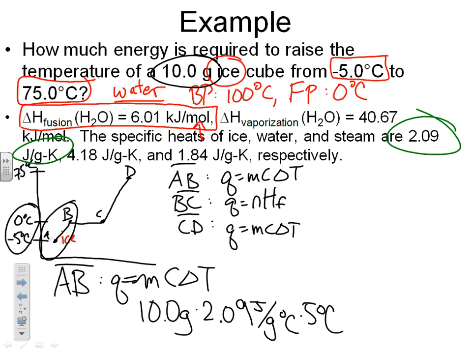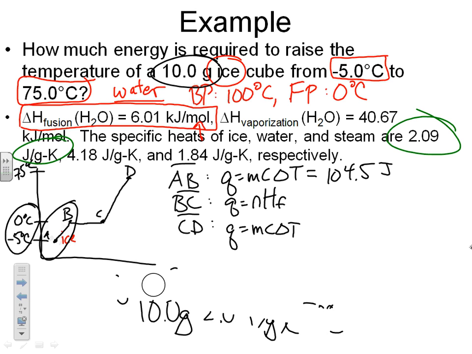Right, so again, grams cancel, degrees Celsius cancels. And when you do that math, 10 times 2.09 times 5, which make sure you do to get the same value that I do, I get 104.5 joules.